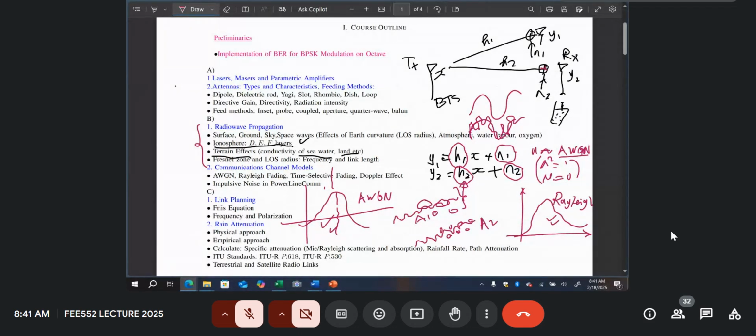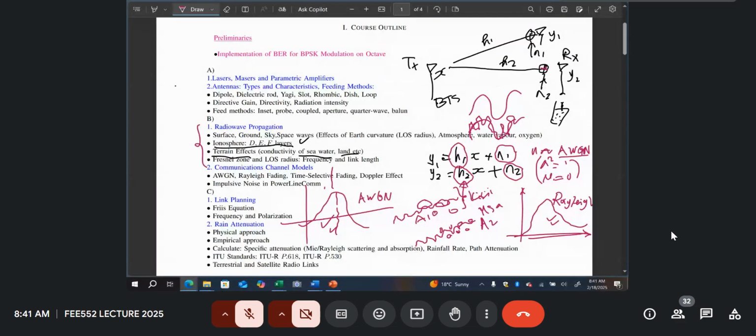So when you are doing link planning, you need to provide for some power to be able to cover your path so that the transmission power is high enough when there is a Rayleigh rainfall happening in probably Kisii. So your link power in Kisii is going to be different from that one in Mombasa.